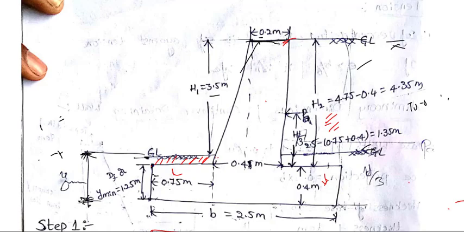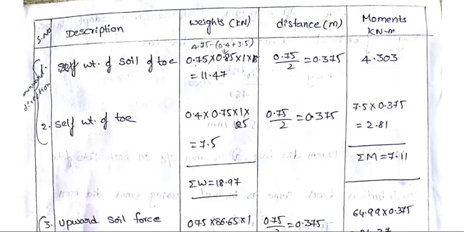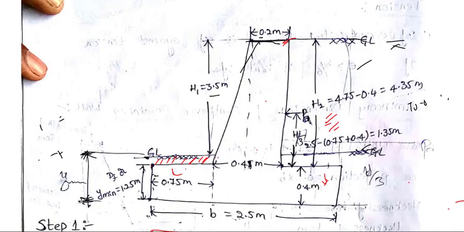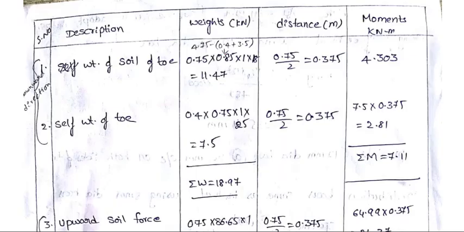To calculate this one, same area we need to calculate. So what is the distance? Base into height. So we need to find out what is the height here. Base we know is 0.875. To find out the height, in the first step we found this one, y minimum 1.25 meter. So here 4.75 total height minus 0.4.